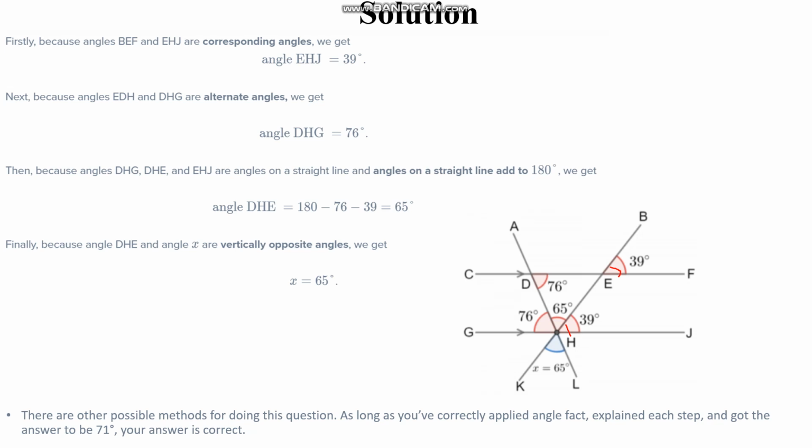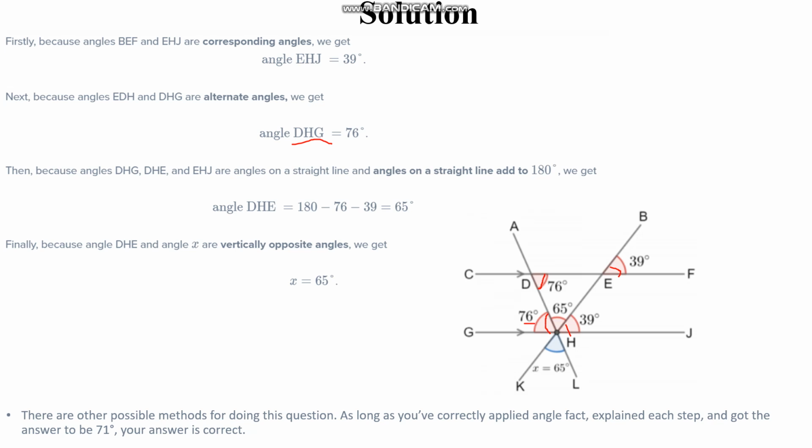So this is the angle EDH, and this is the angle DHG, this one. We know that these are alternate angles, and alternate angles are equal. So this implies that these two angles are equal to 76 degrees, and we can conclude that DHG is equal to 76 degrees, which is this angle.